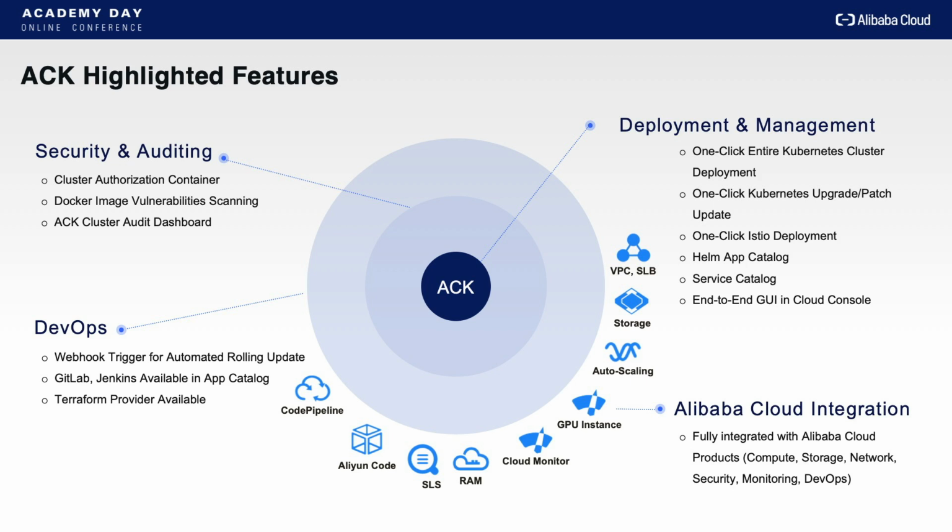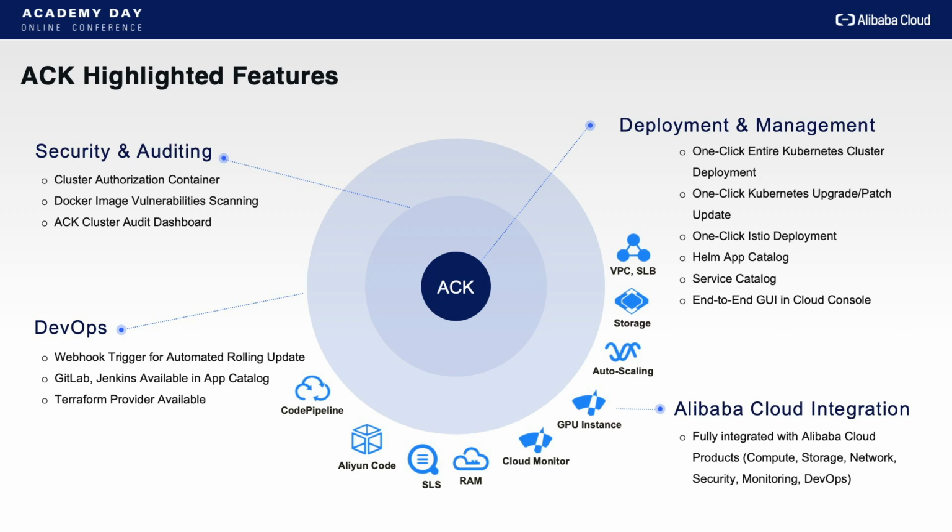About the deployment and the management, ACK provides a one-click Kubernetes cluster deployment and upgrade feature. So if you want to deploy some add-on like Istio or Knative, it can also be deployed by just one click. It supports Helm app catalog and service catalog, and provides an end-to-end graphic user interface in Alibaba Cloud Console.